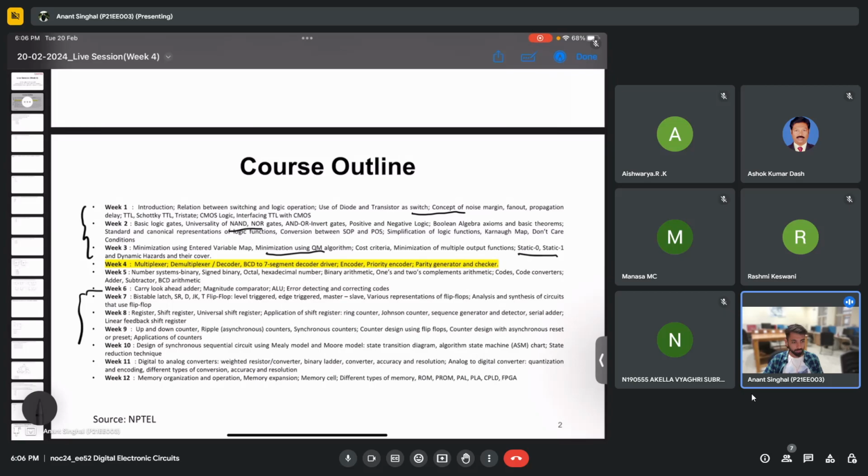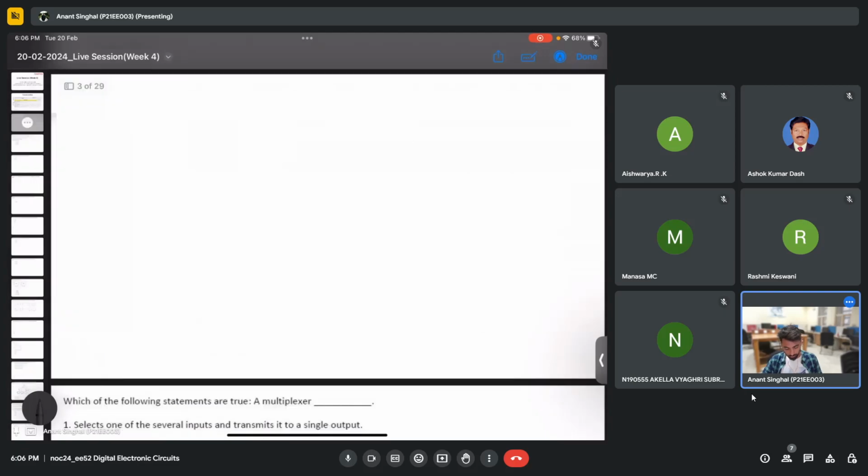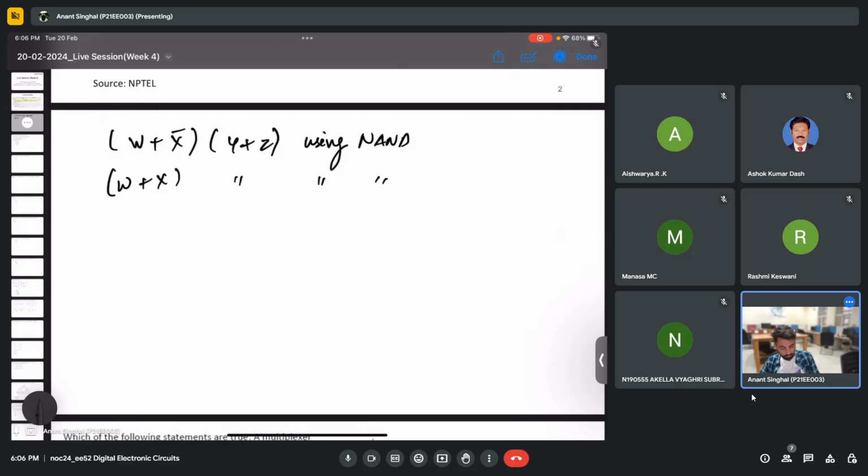You can type in the chat box. I guess the problems were something like w plus x bar y plus z using NAND, and similarly w plus x using two input NAND.